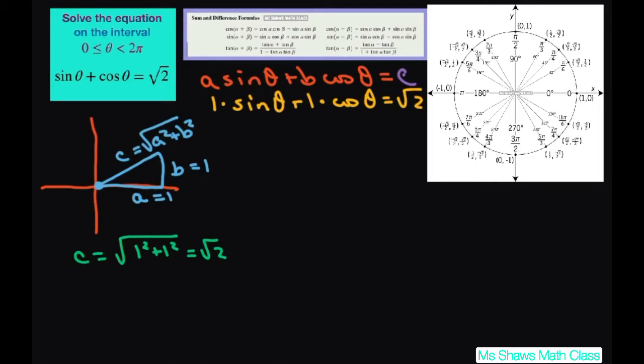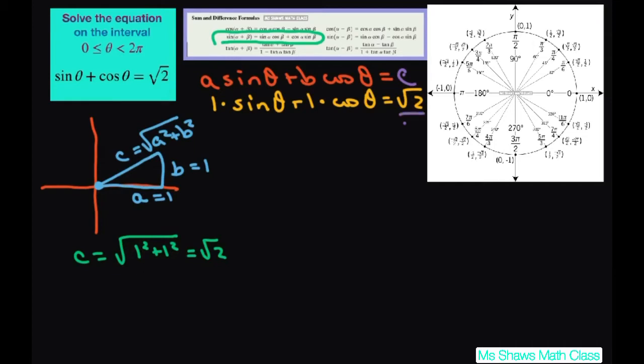What we want to do is use our sum and difference formulas, namely this one, to help us solve. When you first learn this, it kind of goes slow, but once you get used to it, it actually goes a little faster than trying to square both sides. It's just a little scary when you first do it.